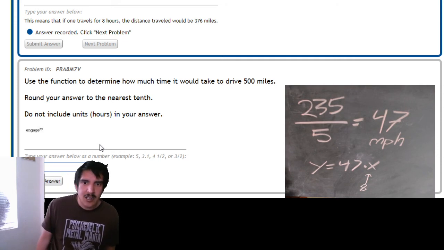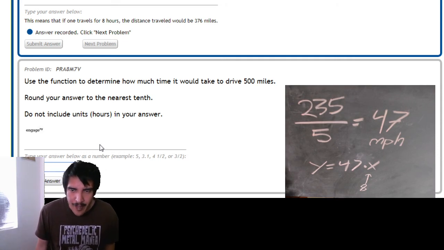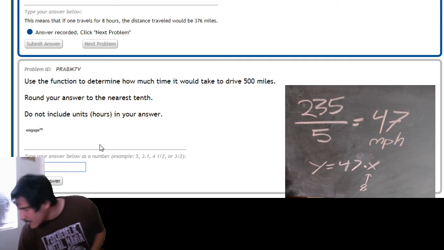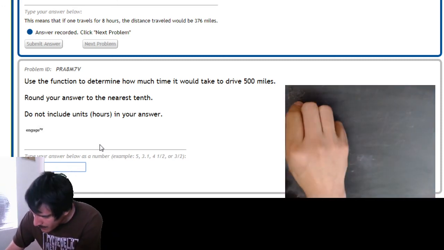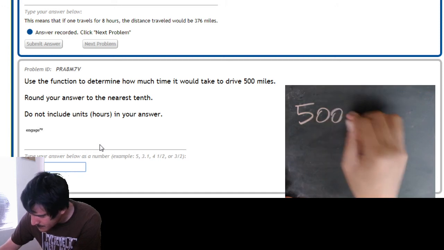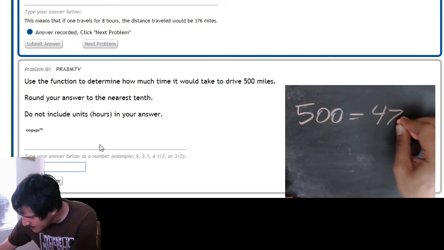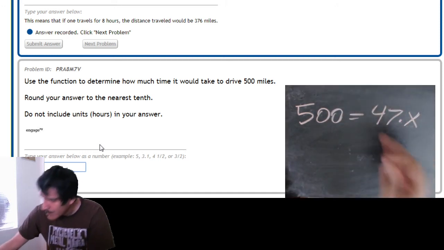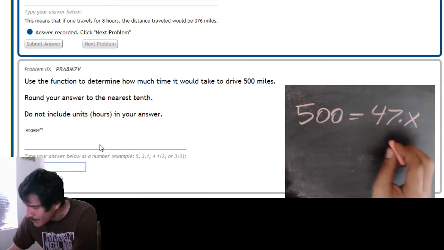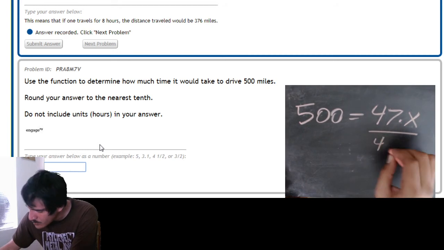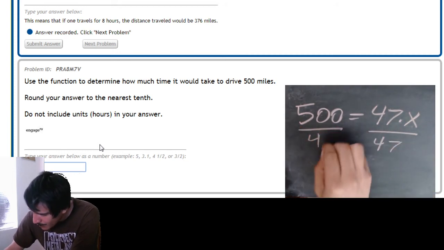Now they're asking, how long would it take to drive 500 miles? Now, again, I could write this with the equation, because some people like doing the equation, like 500 miles is equal to 47x. Some other people like to say, I'm traveling at 47 miles per hour, so I would just do 500 divided by 47. Whichever way you do it, you're doing the same exact thing.